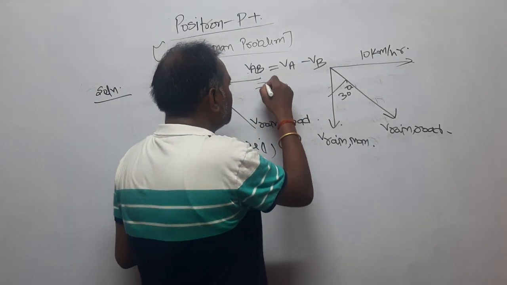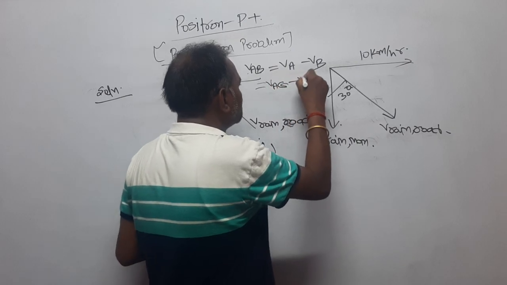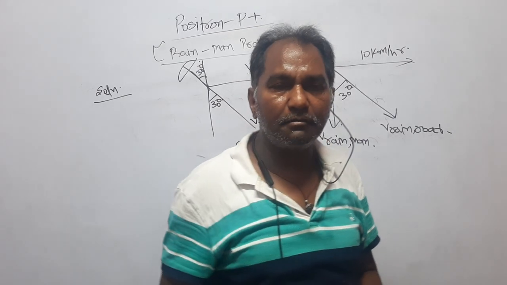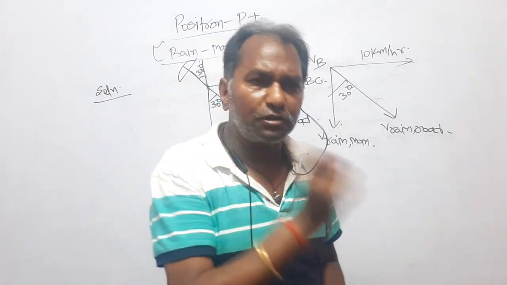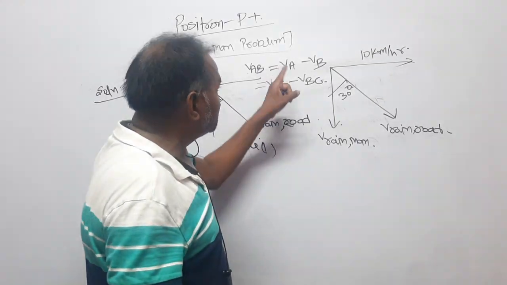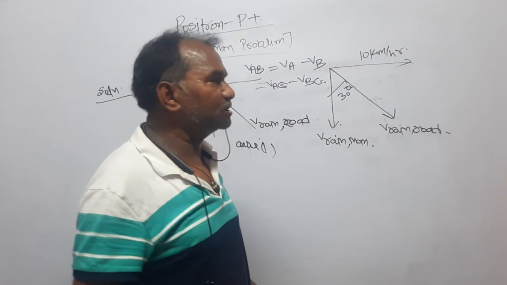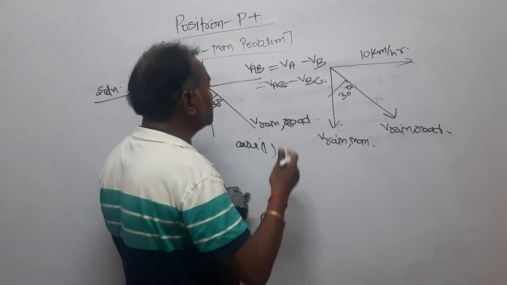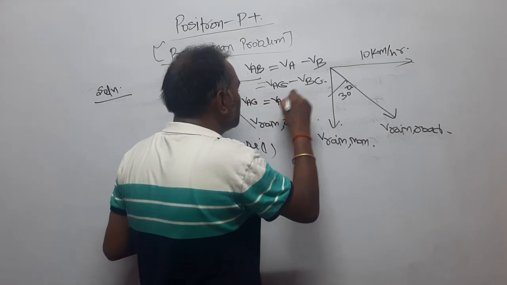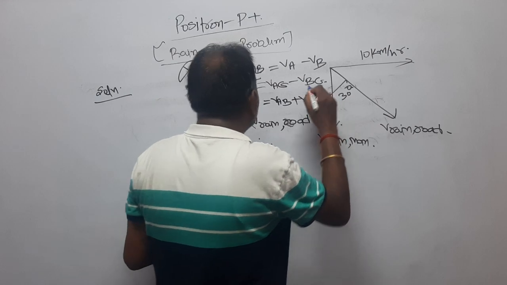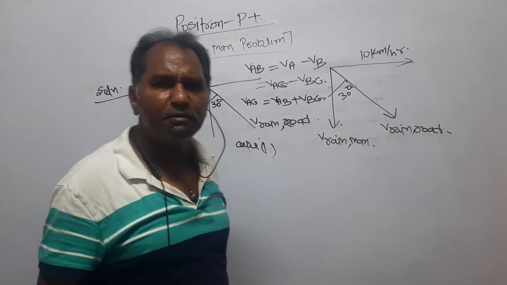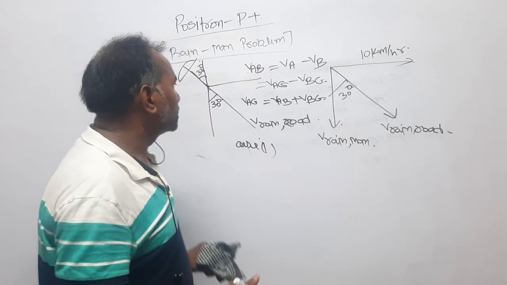You can take any common observer for A and B. It is not given who the observer is, so for our convenience, let the ground be our observer, that is VAG minus VBG, and you can write VAG is equal to VAB plus VBG. So velocity of A with respect to ground is equal to velocity of A with respect to B plus velocity of B with respect to ground.